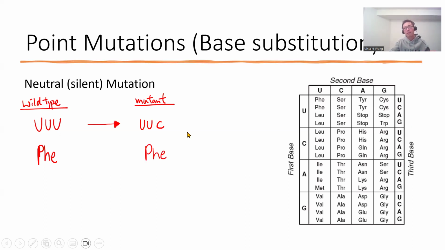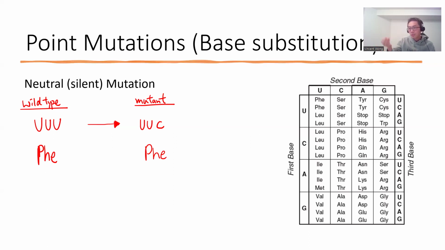So look, if you have a mutation that causes the codon to go from UUU to UUC, that's a good thing, right? That's a mutation that's not going to do anything to you. Why? Because the amino acid did not change. It's neutral. It's silent. You don't even know you have this mutation. So harmless, because it goes for the same thing.